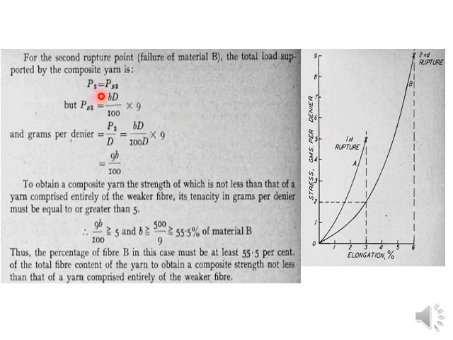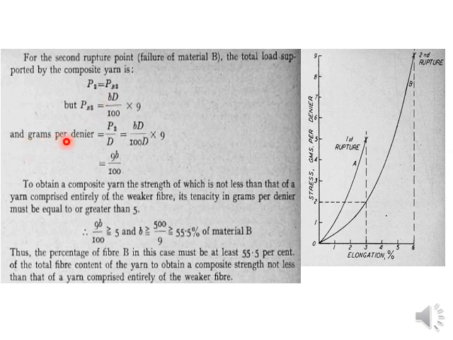So P2 equals PB2, because at this rupture point there is no role of fiber A at this elongation, as at 3% the whole of fiber A breaks. Up to this elongation there is no role of this fiber, so only fiber B has a role. PB2 is the load, so we multiply the denier by the stress. Here the stress is 9 and the denier is BD by 100. So we are multiplying and calculating the load.